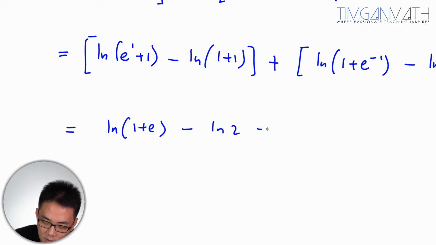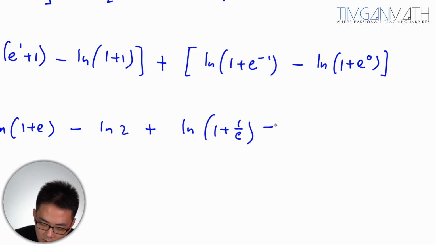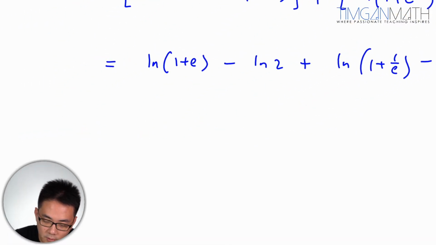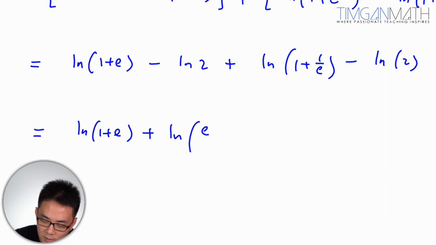So once this is done, it will be ln(1 plus e) minus ln 2 plus ln(1 plus 1 over e) minus ln 2 as well. Goodness. Okay, great. So this is minus ln 2 here, so minus ln 4. ln(1 plus e) plus ln(e plus 1 over e) here, and ln 2.